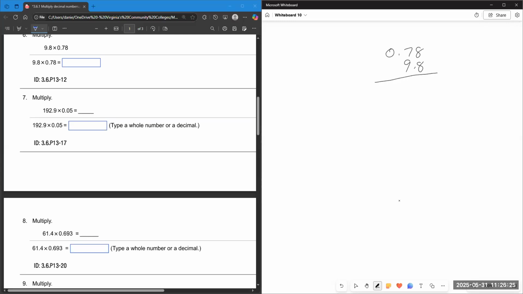There we go. 8 times 8 is 64. 8 times 7 is 56 plus 6 is 62. Put a 0 as a placeholder when we slide over, get rid of our carry. That's 72. 63 and 7 is 70. And add. And we need 3 places after the decimal point.